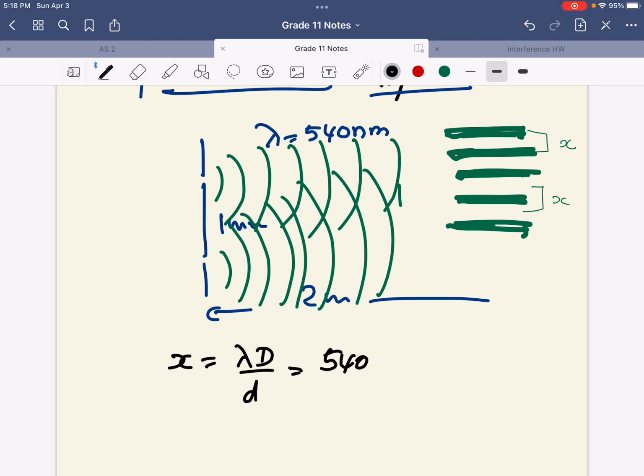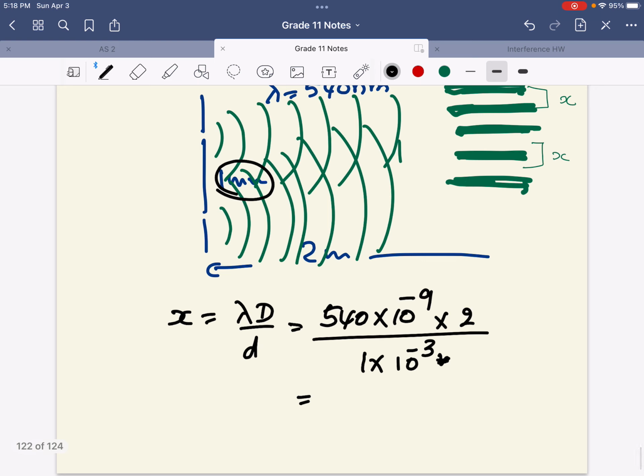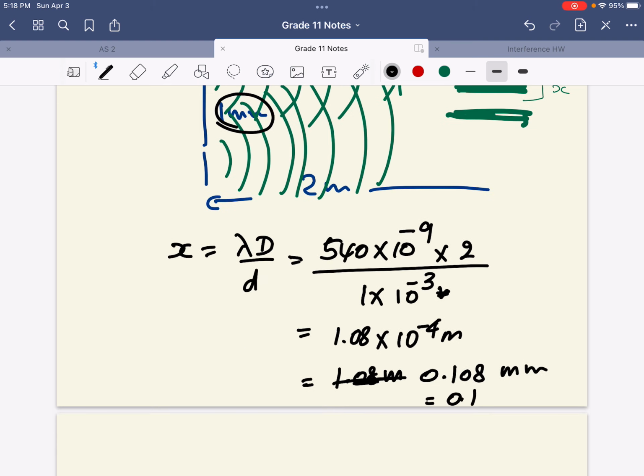Lambda is 540 nanometers, which must be in meters. Nano means 10 to the power of minus 9. D is 2 meters. The gap between the two slits is 1 millimeter, which is not good; it must be in meters. If you do this calculation, you will get 1.08 times 10 to the power of minus 4 meters, or 0.108 millimeter, or I may even write 0.11 millimeter, rounding to two significant figures.